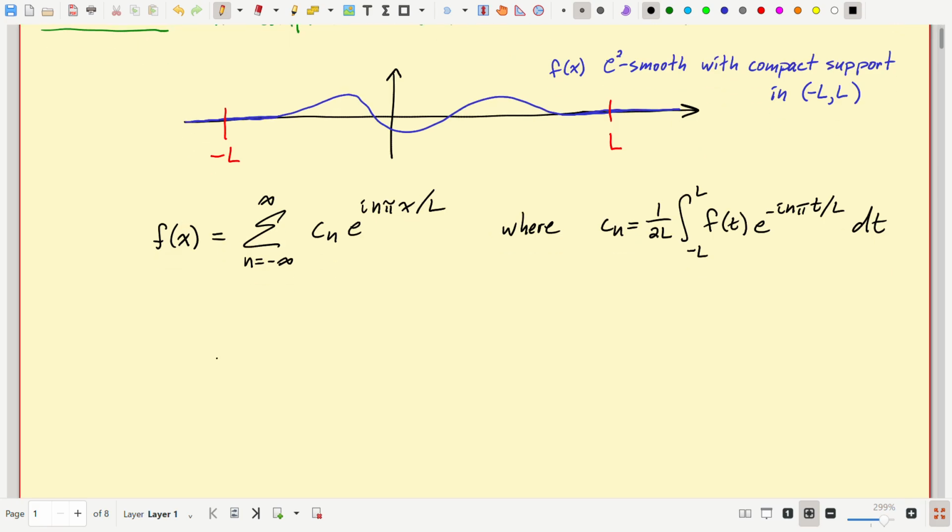If you write that out, if I put the formula for the c_n's inside that sum, I'd get the sum as n goes from minus infinity to infinity.